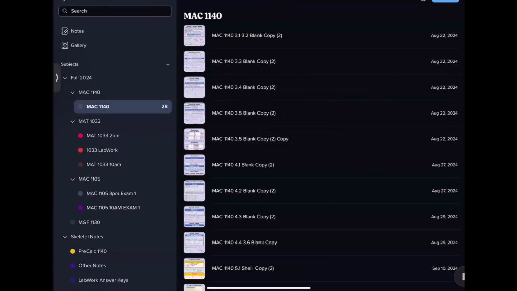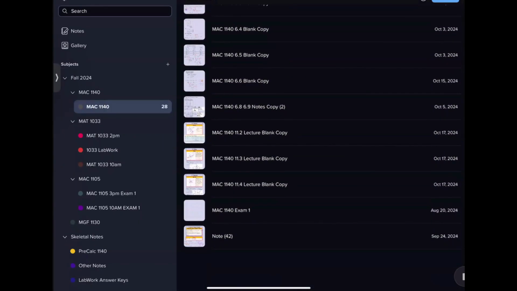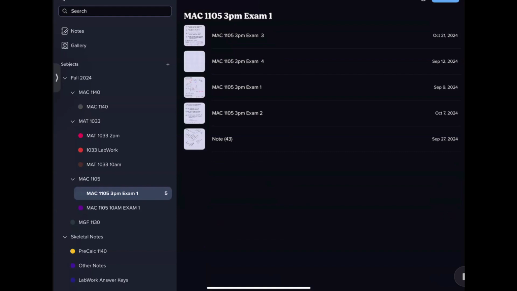Definitely, I don't think I put it in here because I did all three lab works on the same sheet. I can't remember.